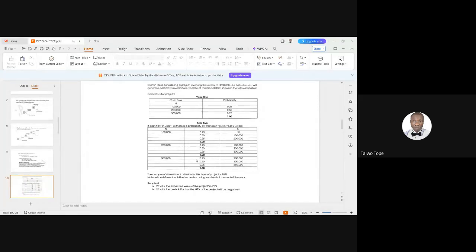That point of making a decision, which will be a box, a square, will lead to various chances, various options. In year one, when you invest 300,000, you are expected to get three likely inflows: 100,000 naira, 200,000, 300,000, with their respective probabilities.